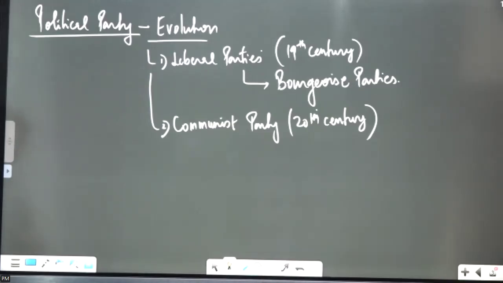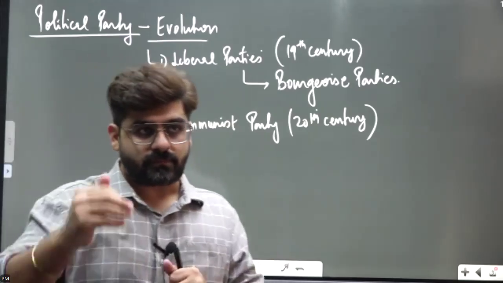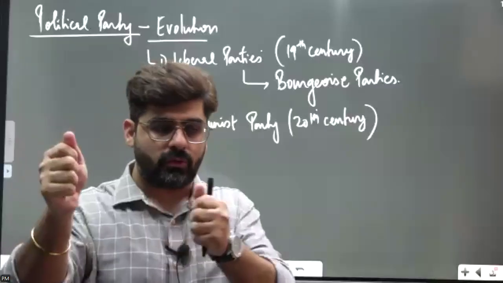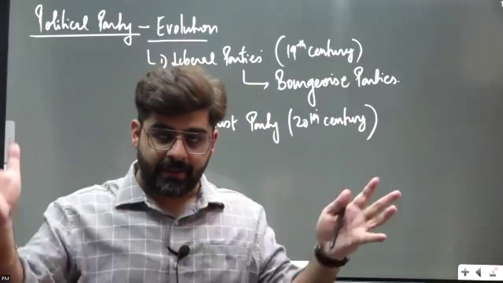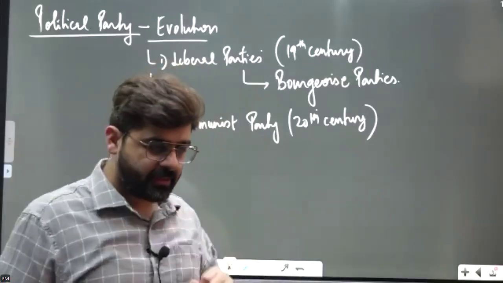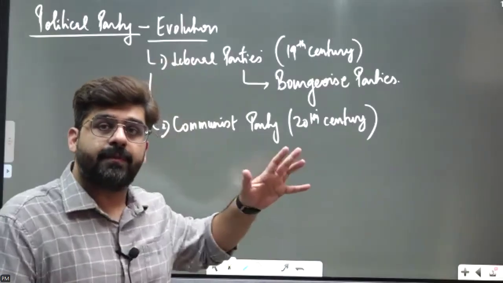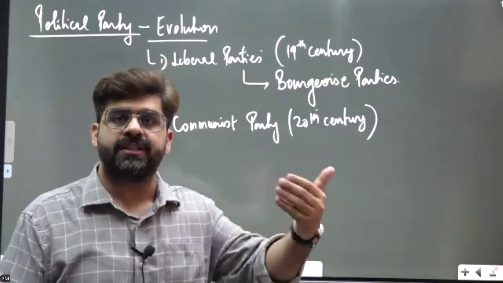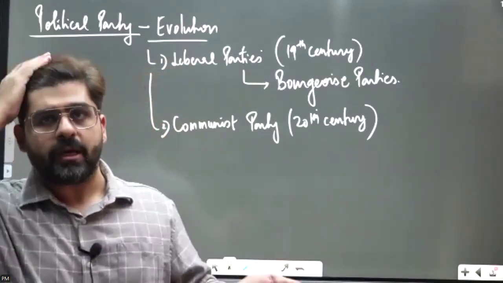So in this situation, what happened, when I have this framework, starting from the liberal parties, now we are moving towards the communist parties, and now the liberal parties are expanding in their scope because of universal adult franchise. And during the 20th century itself, the national movements in the countries also see the coming of some kind of parties, depending on where the British allowed and where they did not allow.